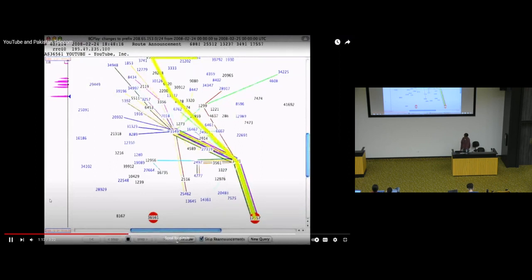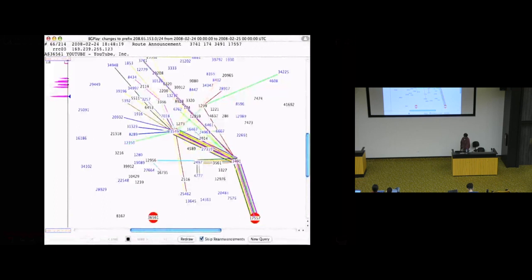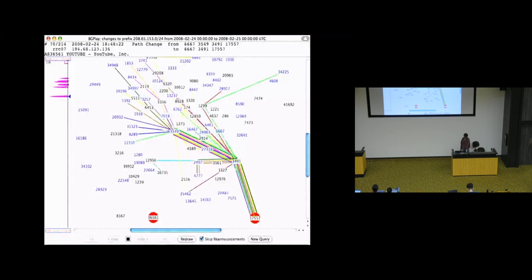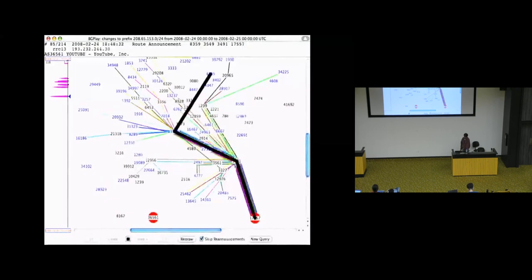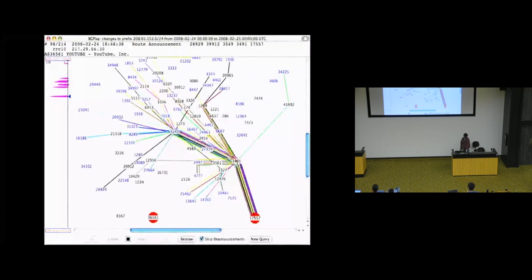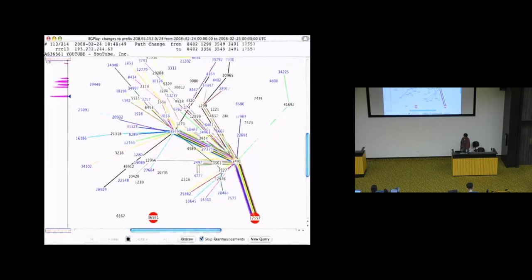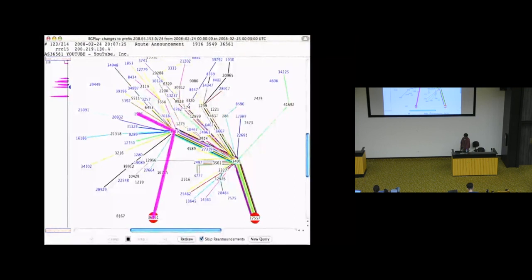And traffic starts to flow towards Pakistan. 17 minutes later, at 20:07, YouTube starts to announce the same route itself in order to route the traffic back to its own servers.